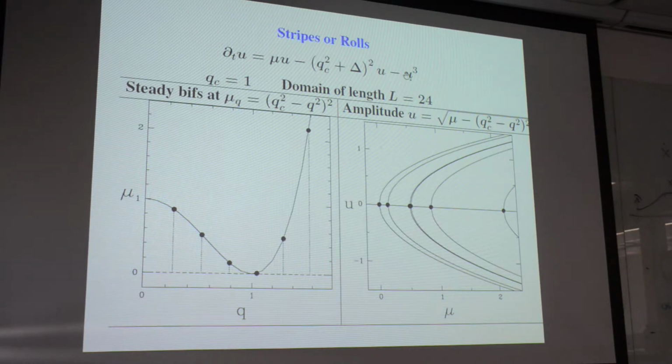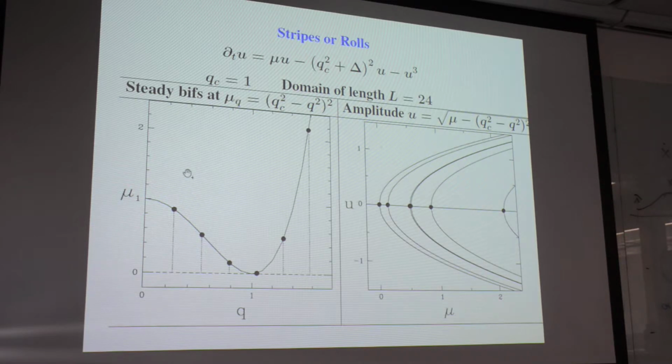Here's the Swift-Hohenberg equation. We're only going to be in 1D for the moment. We're used to this by now. This is adjusting mu a little bit, right? We're going to increase mu, and eventually we'll get steady states.